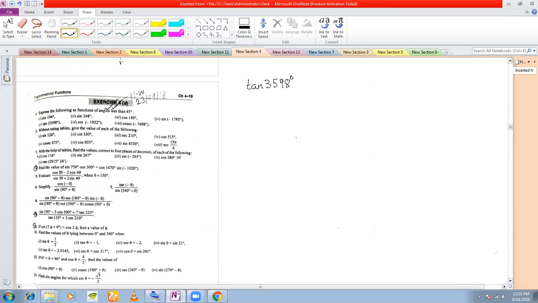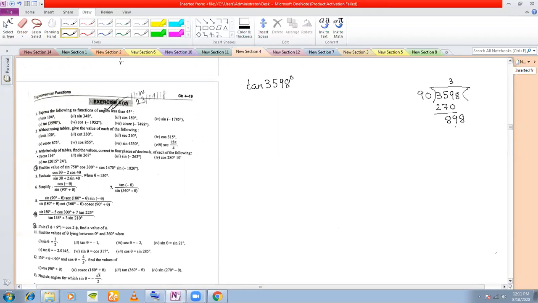What you do is you divide 3598 by 90 degree, because we want to write this as a multiple of 90 degree. How much do you get? 90 times 30 is 2700, and you get a remainder, and here you get an 8.